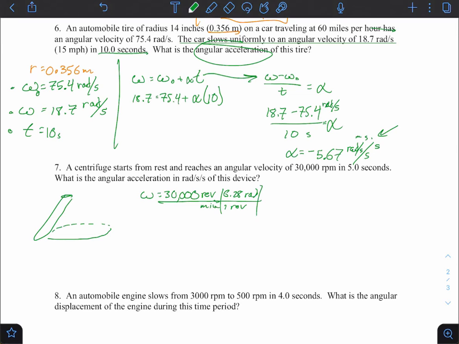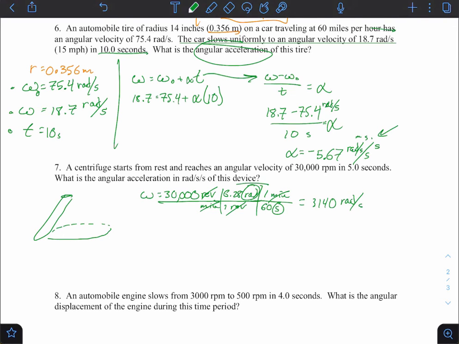Reference number 3, if you want to see me work through this in more detail. But 1 minute is equal to 60 seconds. Revs cancel. We're left with radians per second. That's what we want. So 30,000 times 6.28 divided by 60 is 3,140, our final angular velocity in radians per second.